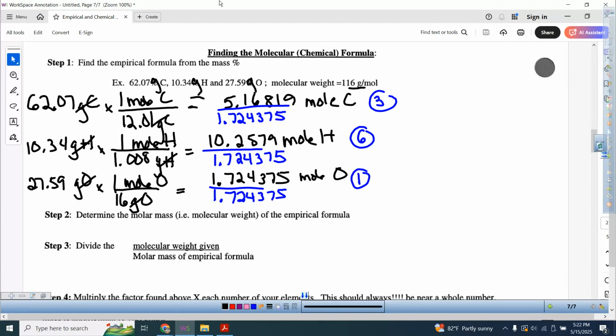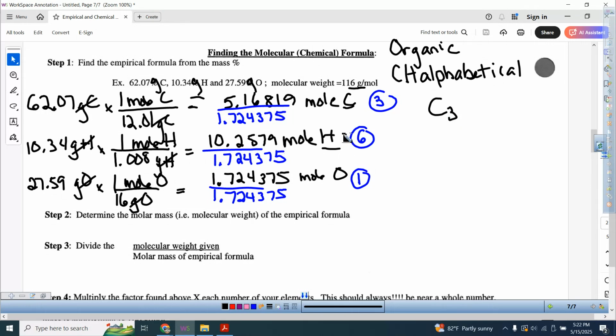When you have a compound that contains carbon and hydrogen, and there is not a metal in it, we call that an organic compound. So if it contains carbon and hydrogen, it's organic. When you have an organic compound, we are going to put it in alphabetical order. So what that means is this: the carbon has to go first, and we have 3, followed by the hydrogen, we have 6, and then the remaining elements go in alphabetical order, and we just have oxygen, and there's 1.